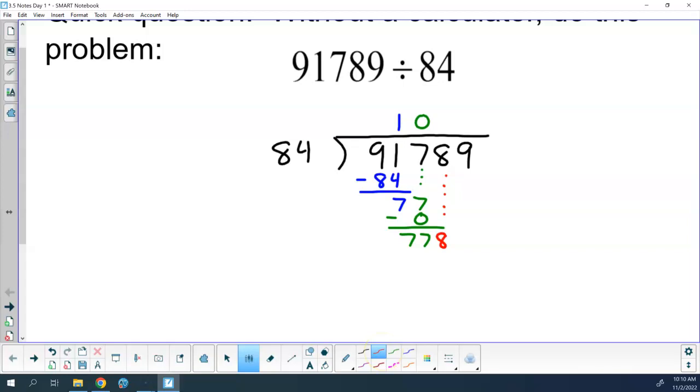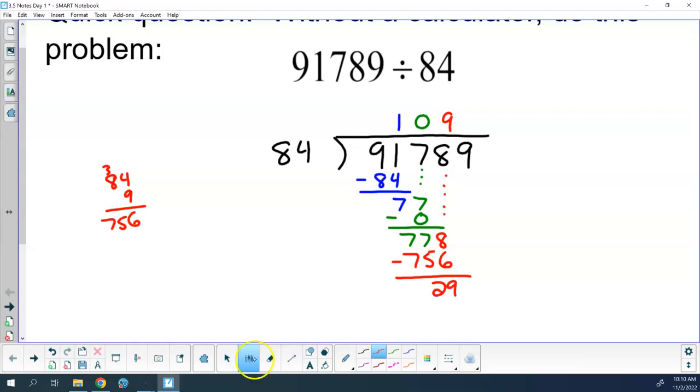Then 84 goes into 778 9 times. You get 756. Then 22.